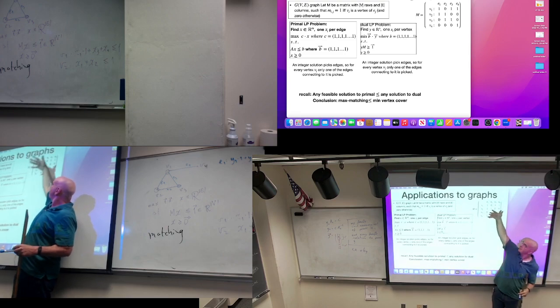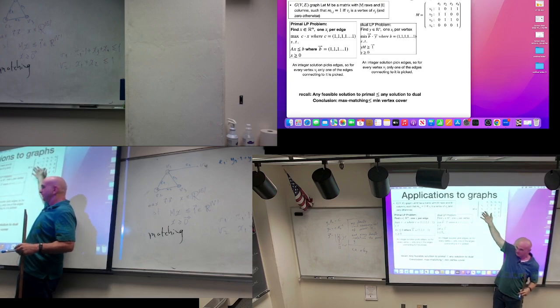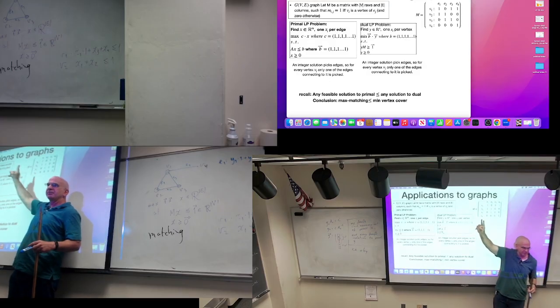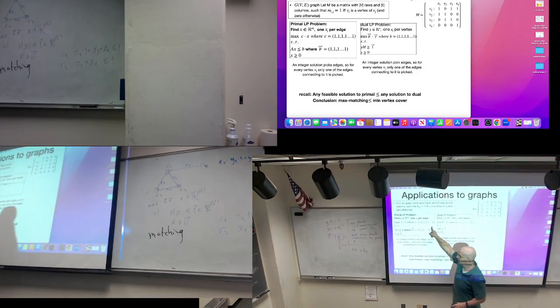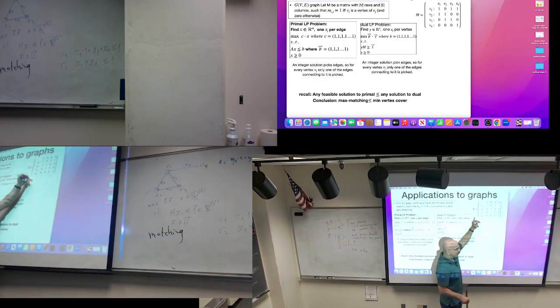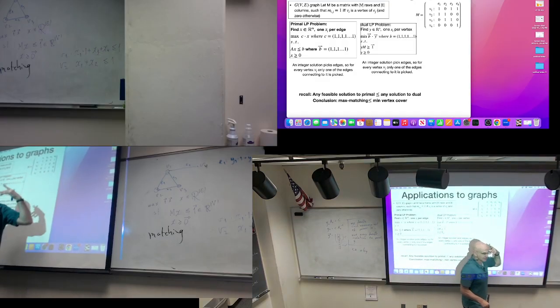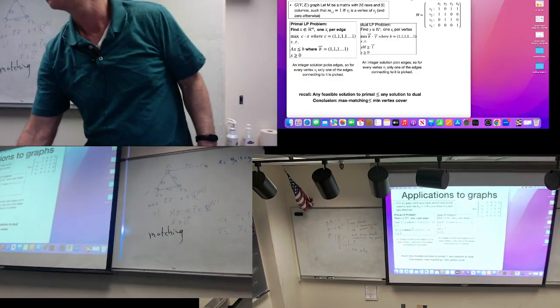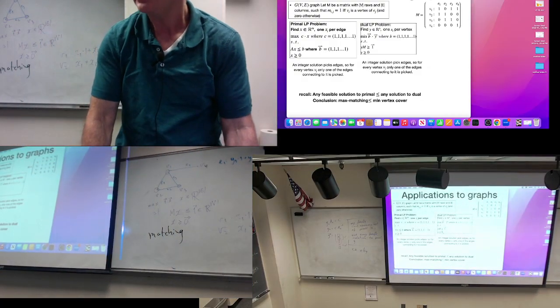For vertex cover, you want to pick as few vertices as possible. Matching, you want to pick as many edges as possible. The maximum number of edges that you can pick is smaller than the minimum number of vertices that you need to cover the whole graph. I don't think it's the only way to prove it, but it's a way.